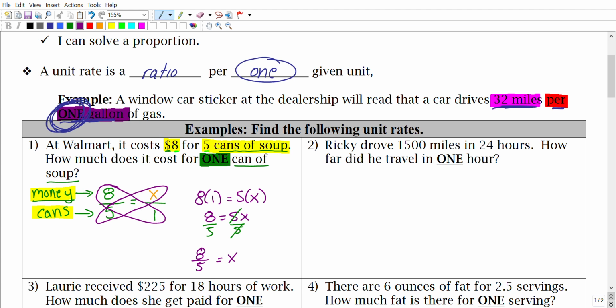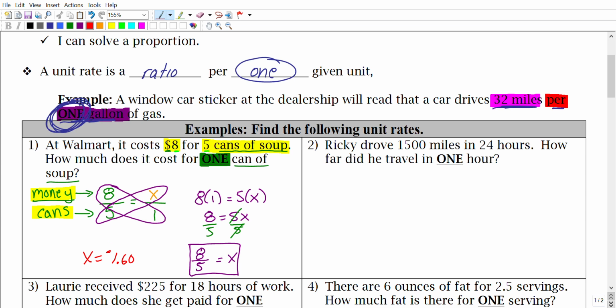Now, let's be careful with that though, guys, because what are we talking about here? We're looking for money. So I can't say that something costs 8/5 of a dollar. I have to actually calculate that out. So in your calculator, go ahead and type in 8 divided by 5, and you should get x equals 1.60. Because remember, we're talking about money, so it has to have 2 digits after the decimal.